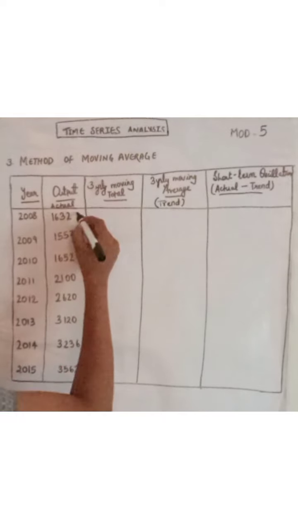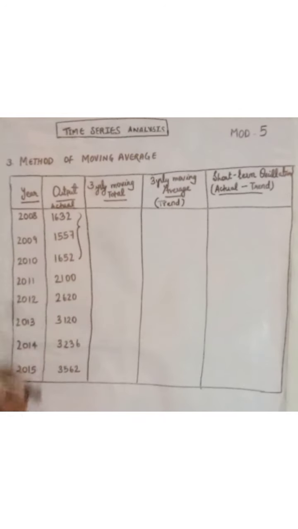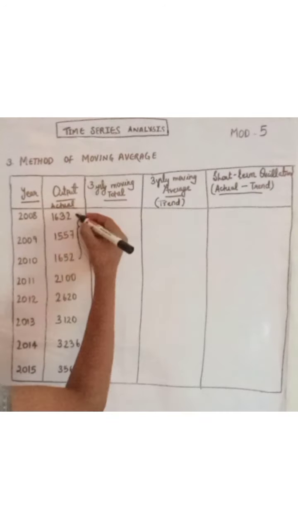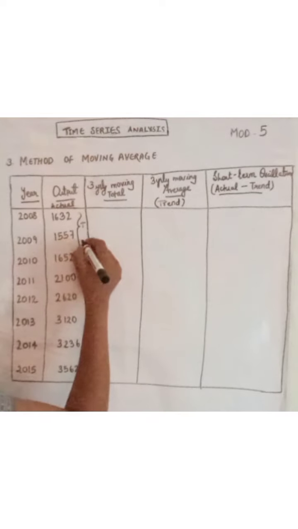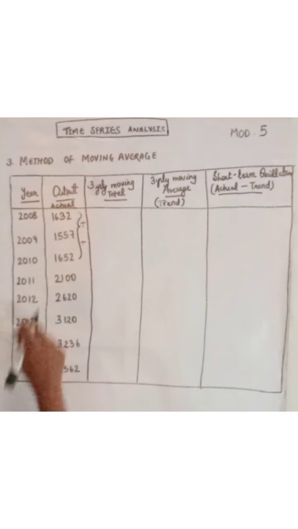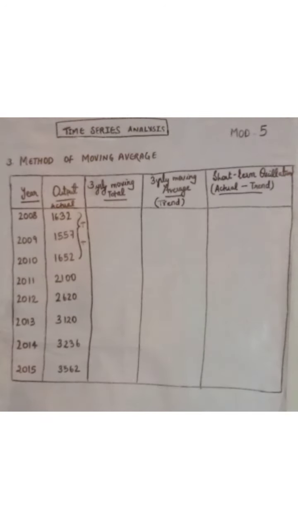So let us combine them. 3 year total means we are going to add them up: 1632 plus 1557 plus 1652. The answer we get is 4841. Now where to place this?